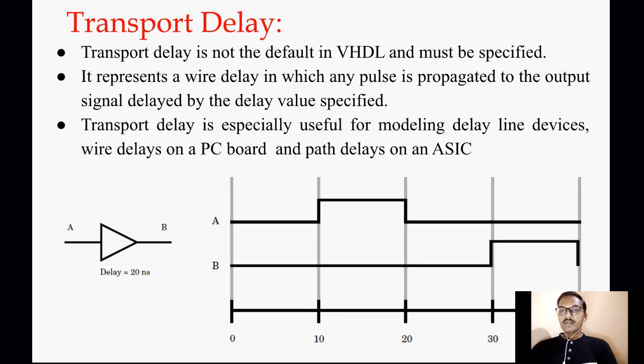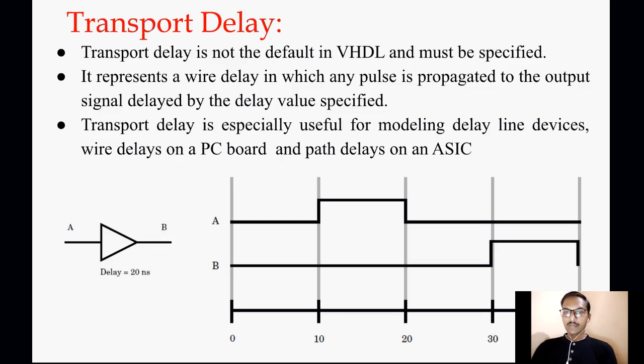The transport delay is especially useful for modeling delay line devices, the wire delay on a PC board, or the path delay in an ASIC, that is, application specific integrated circuit.